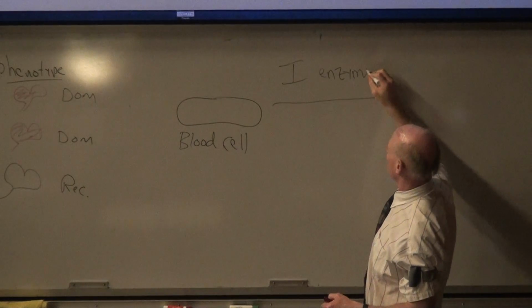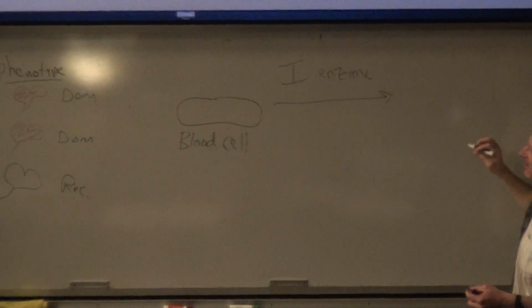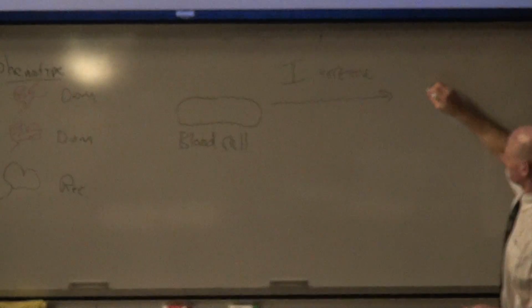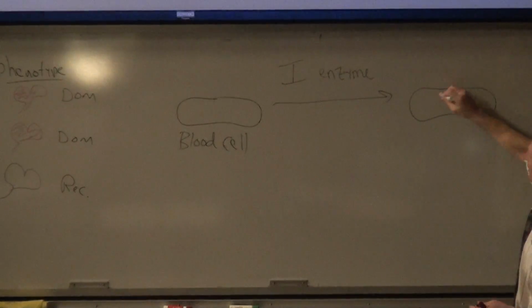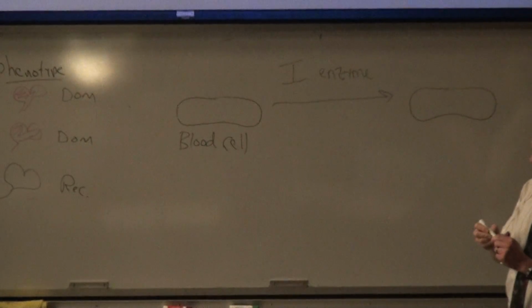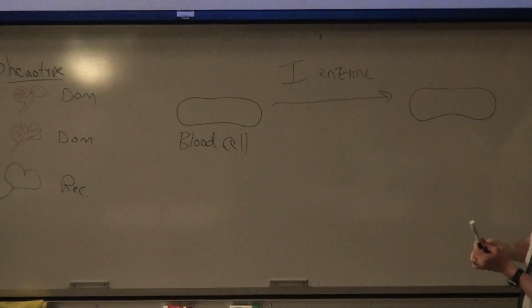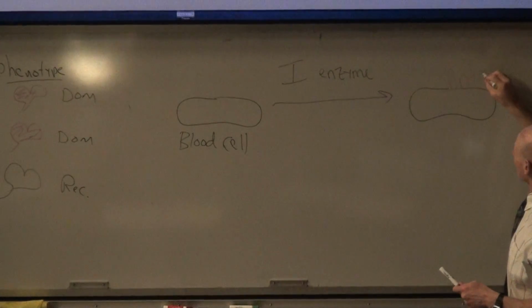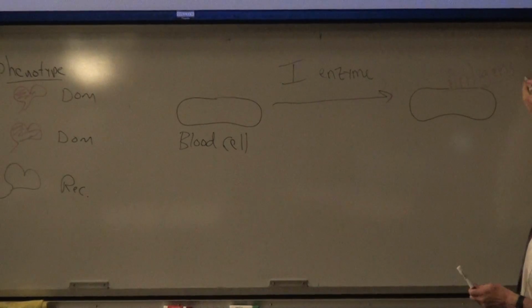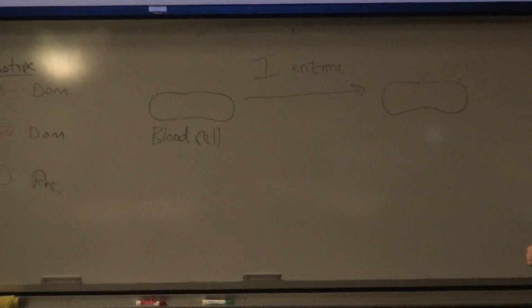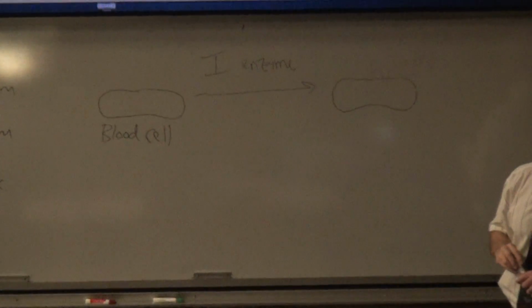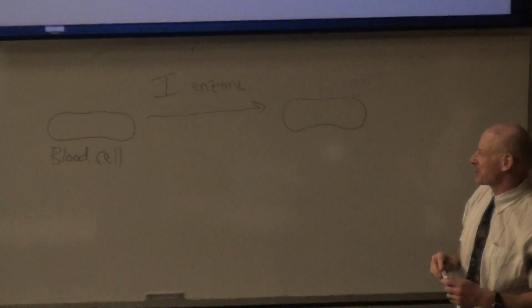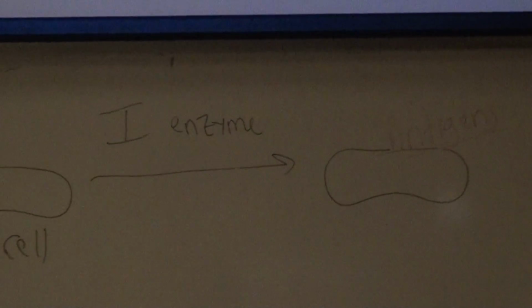I'm not sure exactly why they picked I, but it's enzyme I. And what this enzyme does is grab some molecules called antigens and stick them on the surface of your blood cells. Antigens. Now, why it's important for you to have these antigens on your blood cells, or I should say why this enzyme thinks it's important that you should have some antigens on your blood cells, I'm not exactly sure, but that's what this enzyme does.